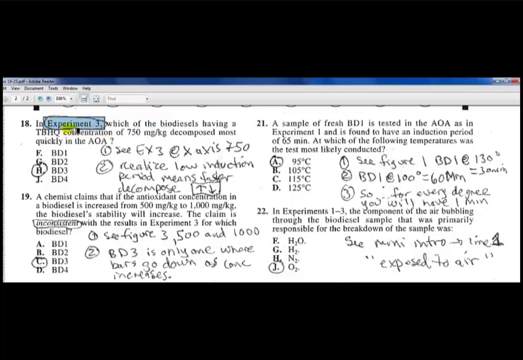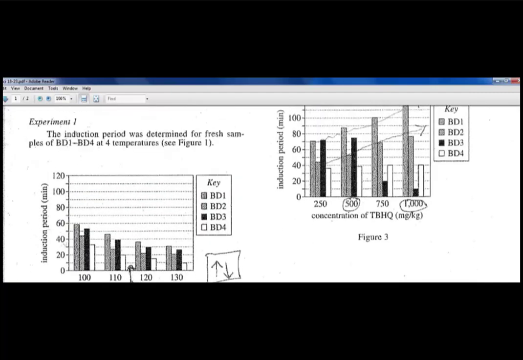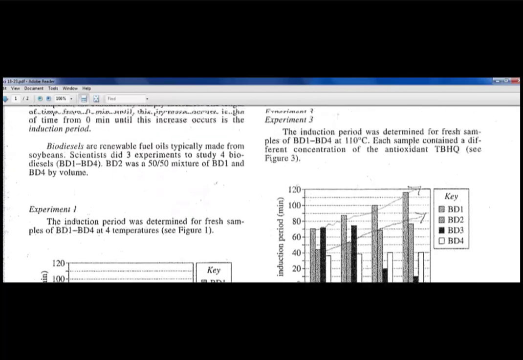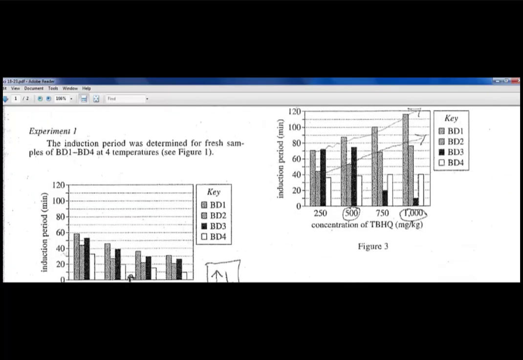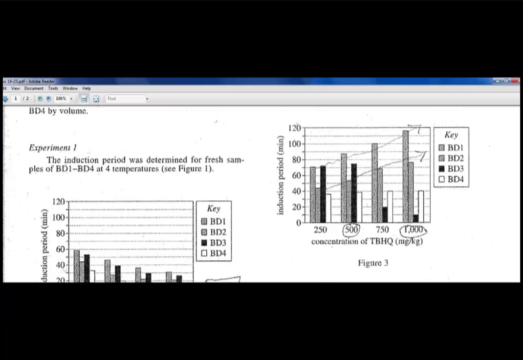Let's go ahead. We're going to take a look at experiment 3, 750 milligrams per kilogram. We scroll back on up to take a look at experiment 3, and you see that here is experiment 3, and experiment 3 deals with figure 3. And in figure 3 now, we want to go ahead and take a look at the x-axis.